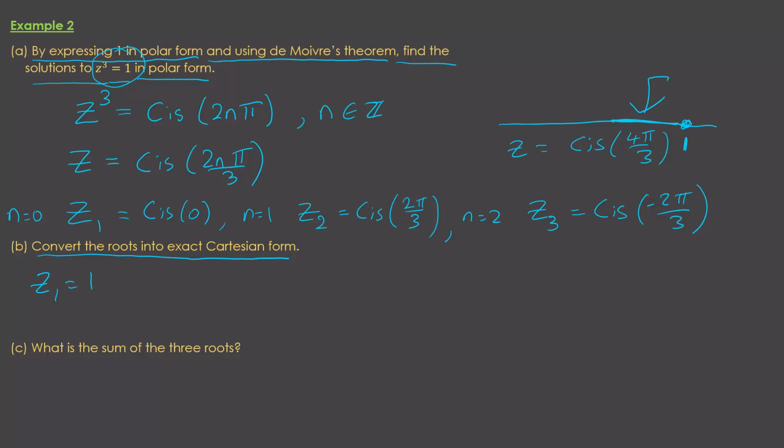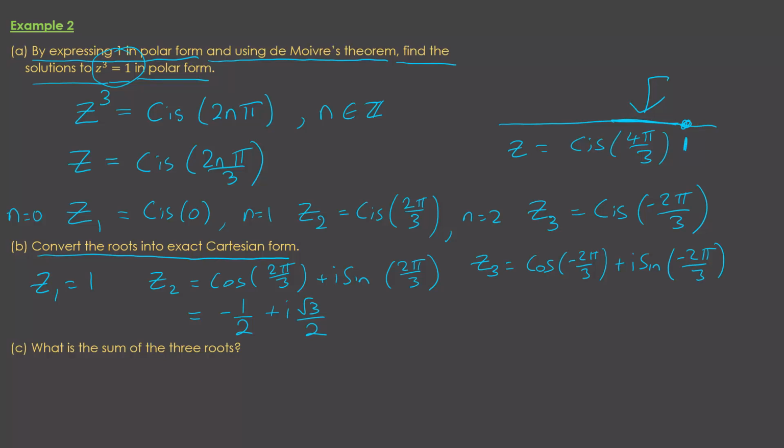That's our real solution. z2 would be cos 2π by 3 plus i sin 2π by 3, so that's negative a half plus i root 3 on 2. z3 is cos negative 2π by 3 plus i sin negative 2π by 3, which is negative a half minus i root 3 over 2.